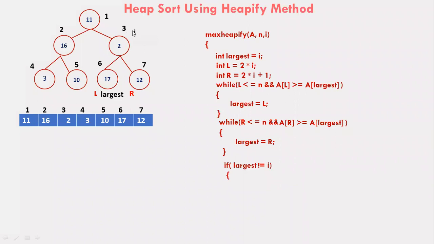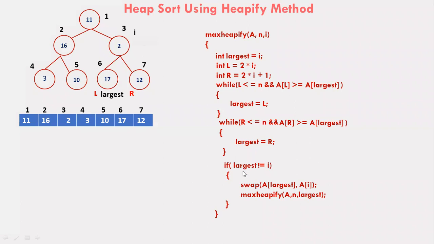So 6 is not equal to 3. When 6 is not equal to 3, we are going to swap the elements. So swap A of largest with A of I. Then after that, I need to apply max heapify again. So I have to apply the heapify method from here.